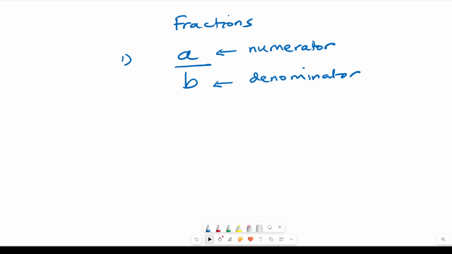And why is it useful for us to know these terminologies? Because in a certain question, they can describe a fraction in these words. The numerator of a fraction is 2. What is the possibility that this fraction is greater than 1? Then they will give possible answers. A, when the denominator is 4.